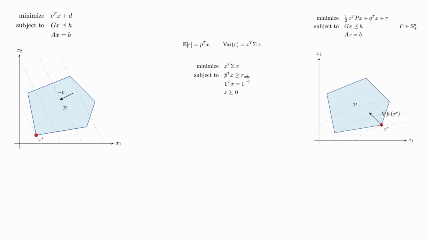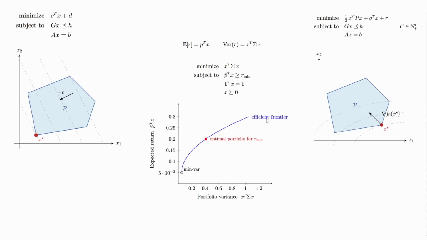Now, if you sweep out different values of R minimum, what does that really look like? What that looks like is as follows. I plotted the variance, or the risk, on the x-axis and the expected return you would get on the y-axis. So let's say you're in the stocks and you want zero risk. You don't want to risk anything. What kind of return should you expect?